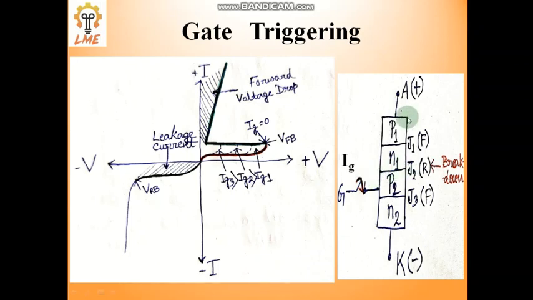dielectric strength with the help of both: the pressure created by anode and cathode and also the pressure created by the gate. Suppose, let's assume a figure, that for destroying this dielectric strength we require 100 pressure across this junction 2 layer. 100 pressure is required for breaking down junction 2.